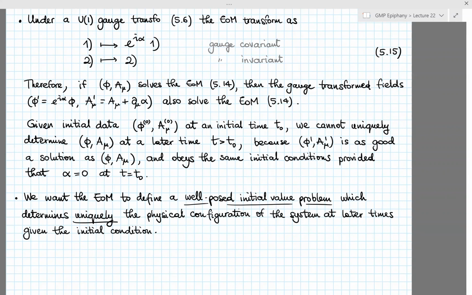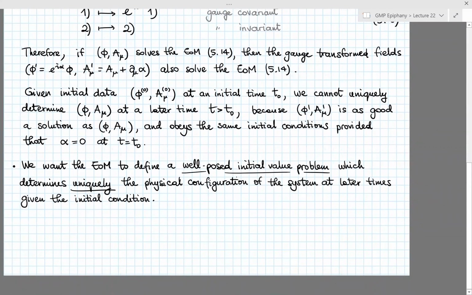This does not work if we treat the values of the charged scalar field and of the gauge field as physical. In fact, in order for the initial value problem to be well posed, this requires us to identify field configurations which are related by a gauge transformation.